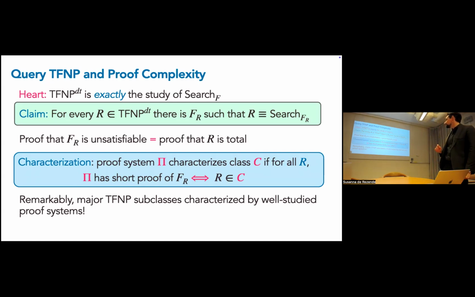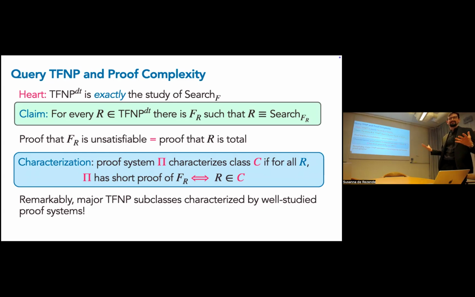Okay, so one of the really surprising things that comes out of this is that TFNP and proof complexity were studied really separately, at least at the start. And surprisingly, almost every TFNP class that was introduced naturally corresponds to a proof system that was introduced independently and very naturally.